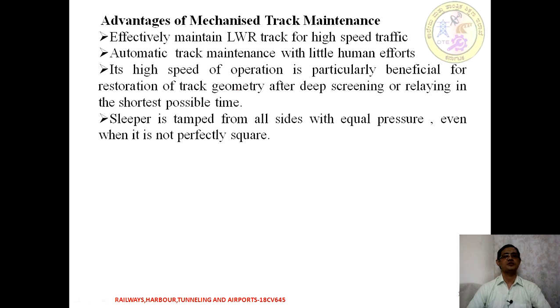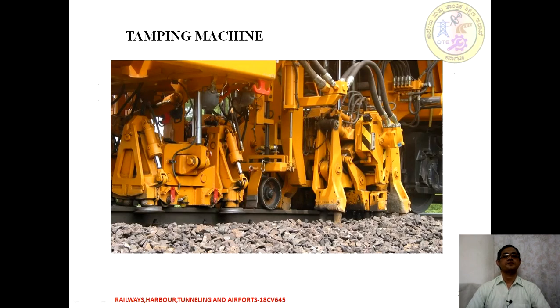Then the sleeper is tamped from all sides so that it can exert equal pressure even when it is not perfectly square. So these are the advantages of using a mechanized track maintenance system as compared to the conventional one.